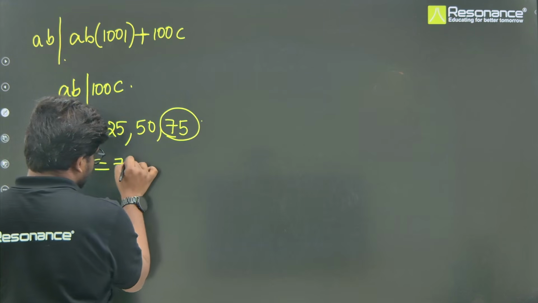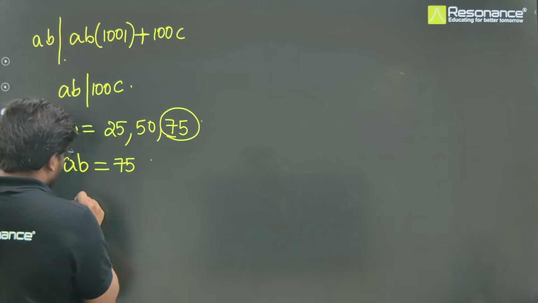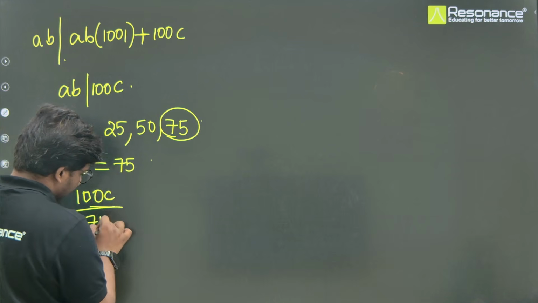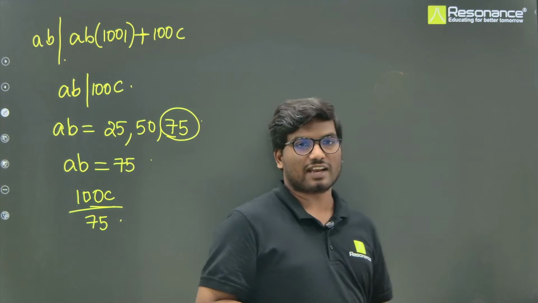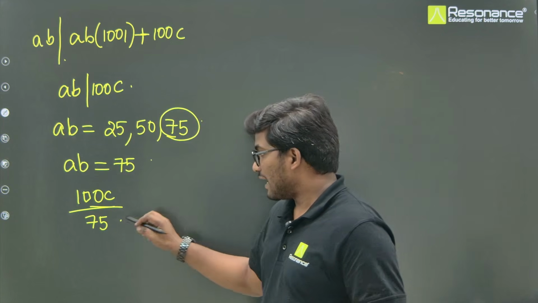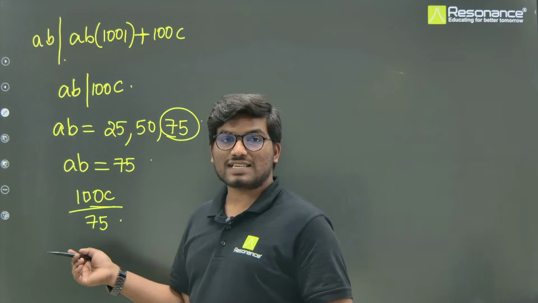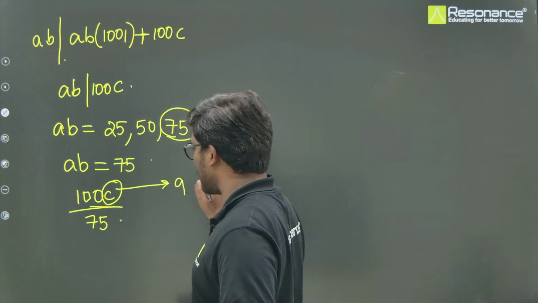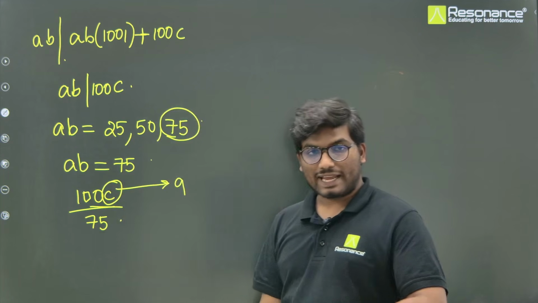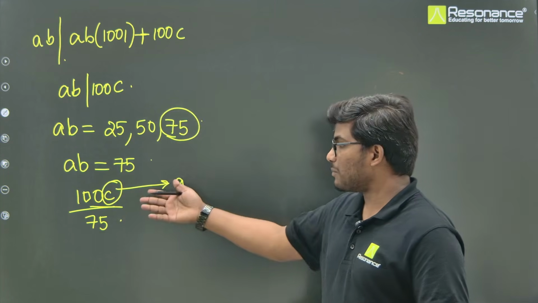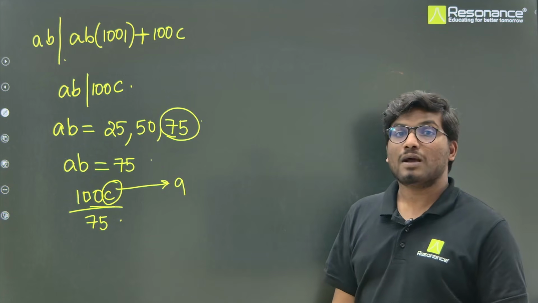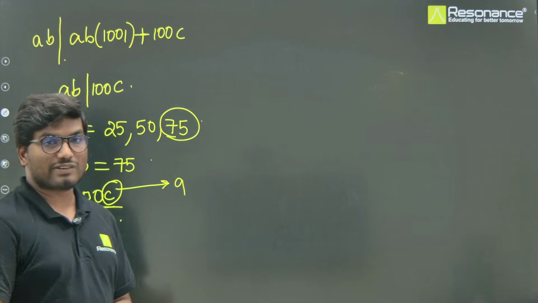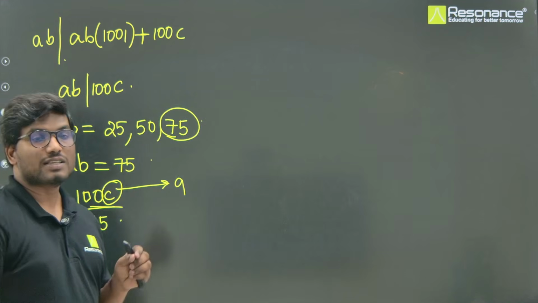If AB is 75 and 100C is divisible by 75, 75 fours is 300, and 75 12s is 900. So the maximum possible value C could take is 9, right? For 9, the mathematical validity of this divisibility also holds true.